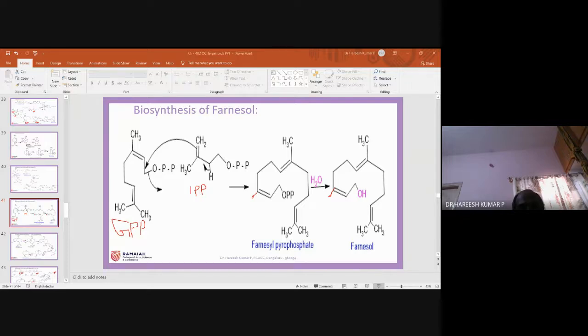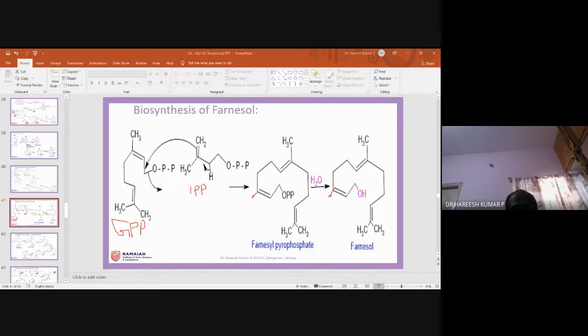So this carbon is this, this carbon is this, CH3 is this, and a newly formed double bond, and then this CH2 is this OPP. So this is how the product is obtained by the combination of farnesyl pyrophosphate and isoprenyl pyrophosphate. This linear structure is rewritten like this. Here I am showing how the naphthalene moiety is formed with this linear structure.